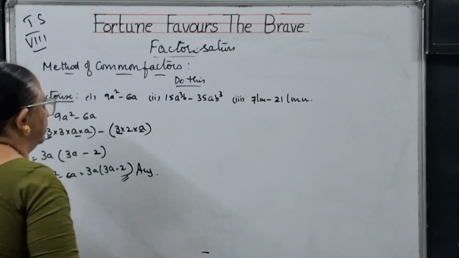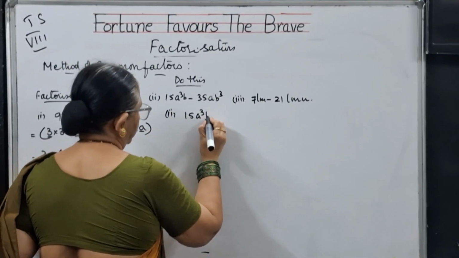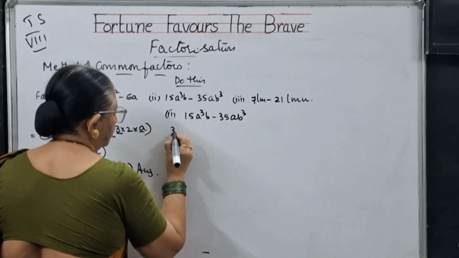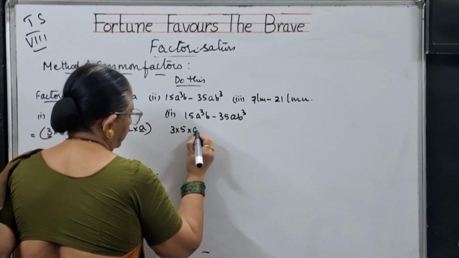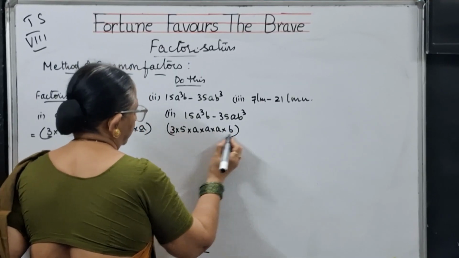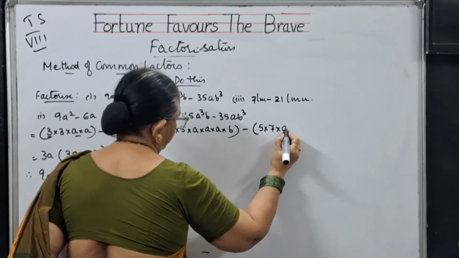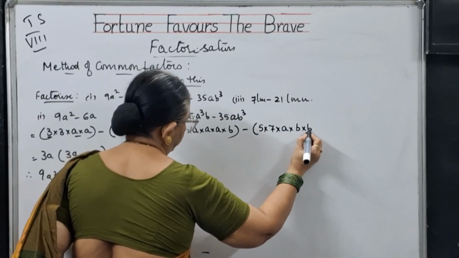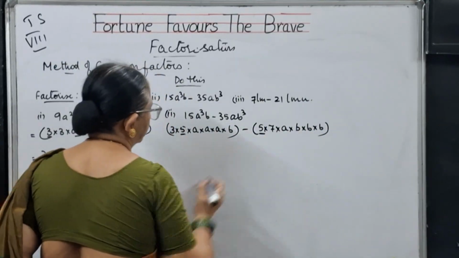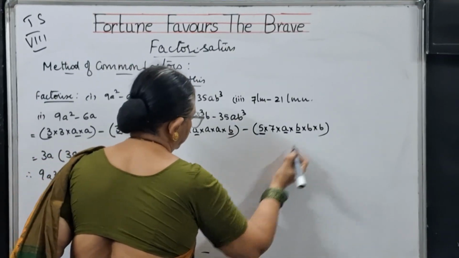This is first bit, children. Second bit, 15a cube b minus 35ab cube. 15 means 3 5s are, into a cube, a into a into a into b. This is one group, minus 35, 5 7s are, into a into b cube, b into b, 3 times b. So in these two common is 5 and a and also b.